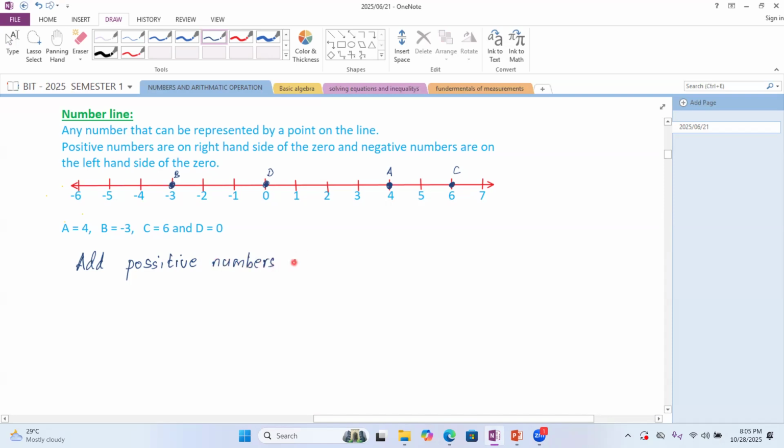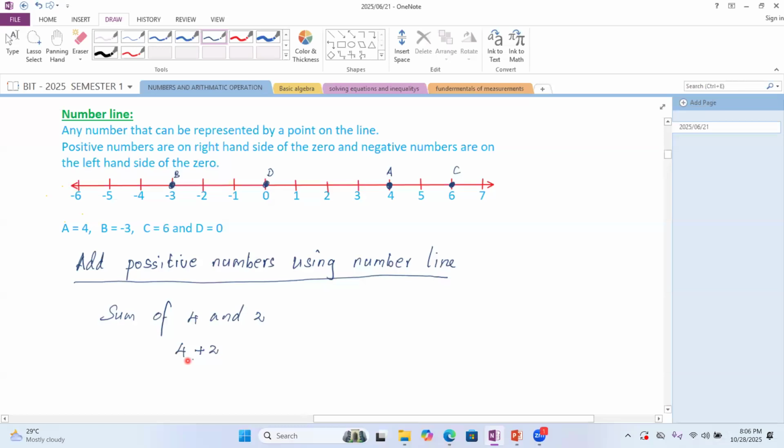For example, sum of 3 and 5, or sum of 4 and 2. Then we can add 4 plus 2. So this one is a simple number. So how can we add using number line?